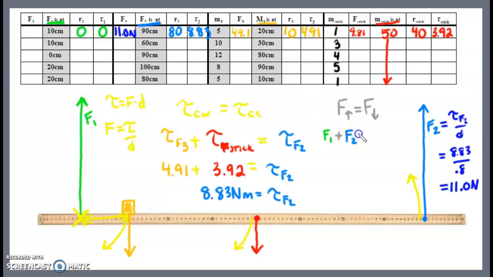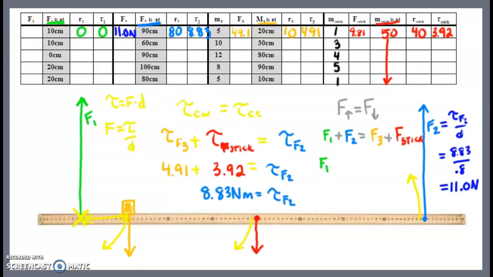And those are going to equal my forces down, which in this case are my orange here, which is F3, plus my other force acting downward, the mass of the meter stick itself, so F stick. Alright, and I have numbers for all of this. F1, I don't know.